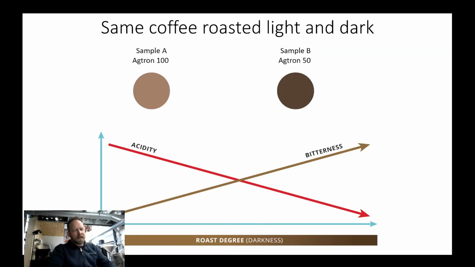Just to give you an idea of the simplicity of those questions, imagine a really light and a really dark roast. The really light is 100 Agtron and the really dark is 50 Agtron. Everybody knows that acidity is high on the light roast and bitterness is low on the light roast, and bitterness is high on the dark roast and acidity is low on the dark roast.